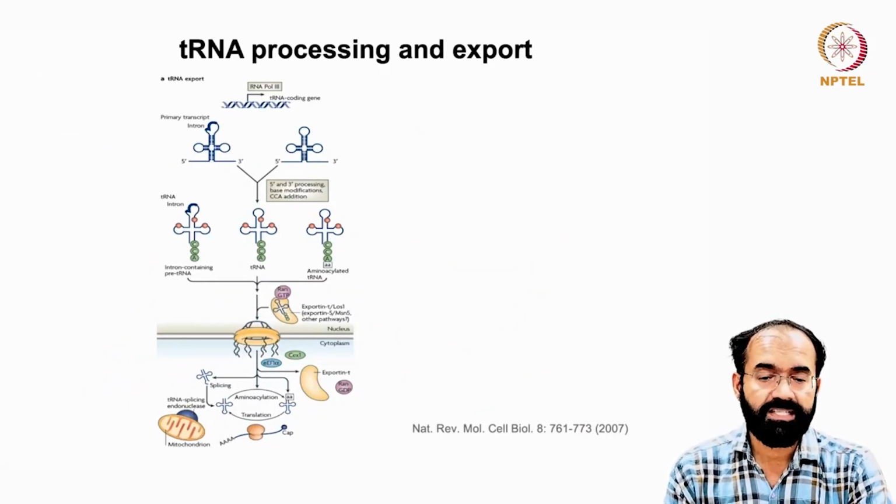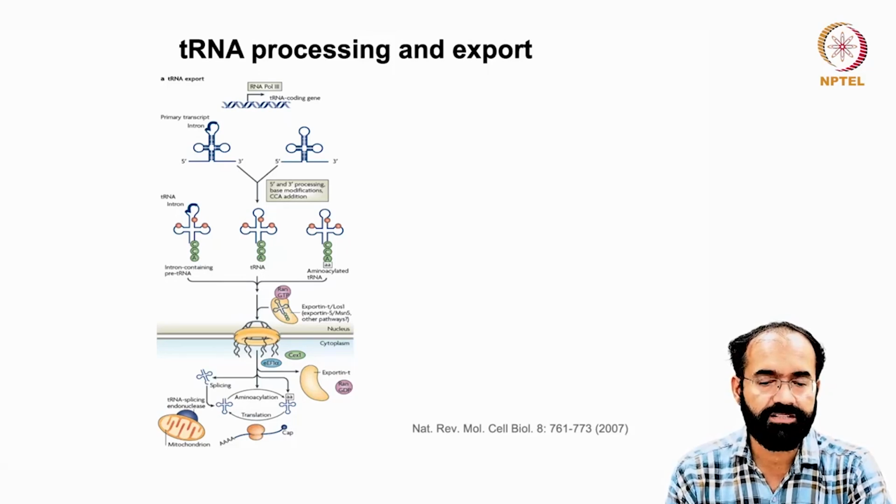So, tRNA processing and export. Like you can see in this picture, a tRNA normally is transcribed by RNA polymerase III, and it has to undergo the maturation process, the 5' and 3' processing and the CCA addition of the tail, everything has to happen.